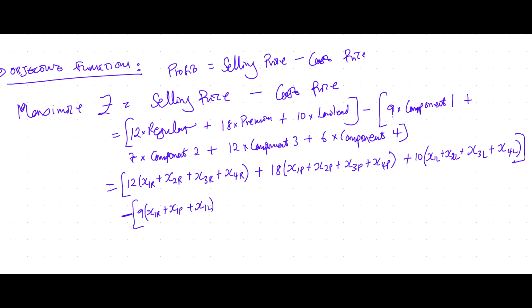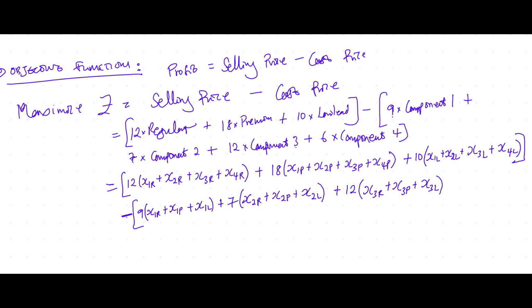Then we also have plus, remember we have the negative on a big bracket, so everything is plus as it says here. 7 times component 2. So what is component 2? x2 in regular, component 2 in premium, then x2 in low lead. Then we have the 12 times component 3: component 3 in regular plus component 3 in premium plus component 3 in low lead.